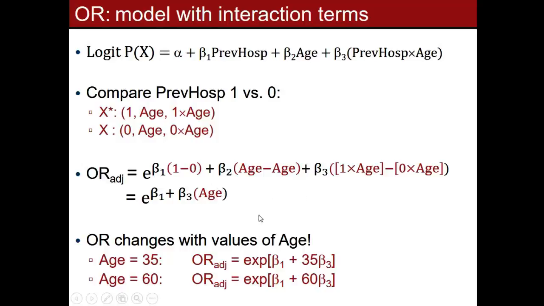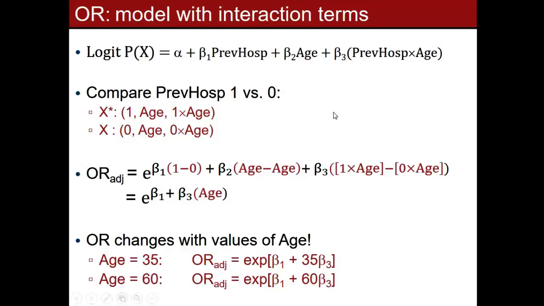What does that mean? It means that the odds ratio actually changes with different values of age, okay? And you're like, oh no, that's really complicated. That's annoying. I can't represent that well. That's irritating, right? Because age is continuous. But this is exactly what interaction is. Interaction, or effect modification specifically, is this idea that the measure of effect for your exposure changes because of the other variable that is being modified.